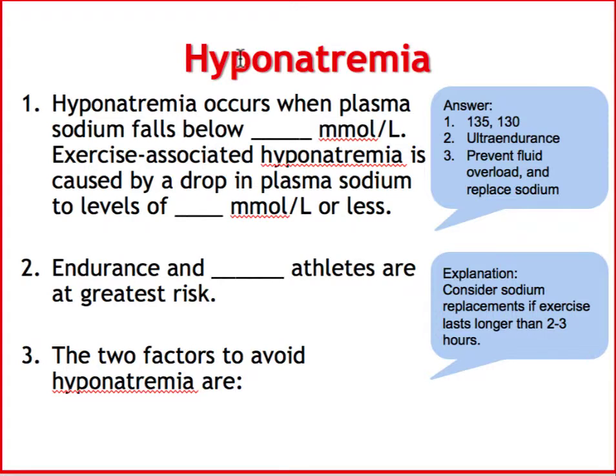At one point, the American College of Sports Medicine, I think in the late 80s or early 90s, put out a position statement saying that people should drink about 4 cups, 8-ounce cups of water, when they're exercising, and to start drinking before you're thirsty. People followed this, and then people started to develop a condition called hyponatremia.